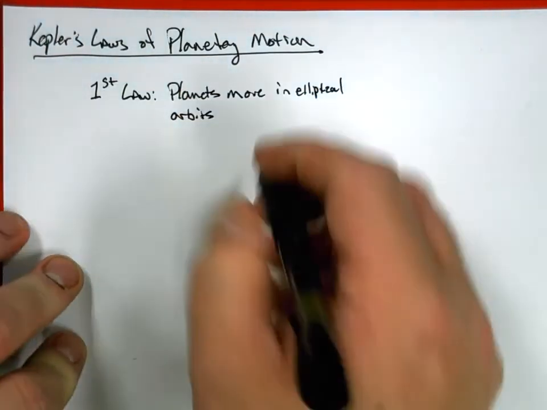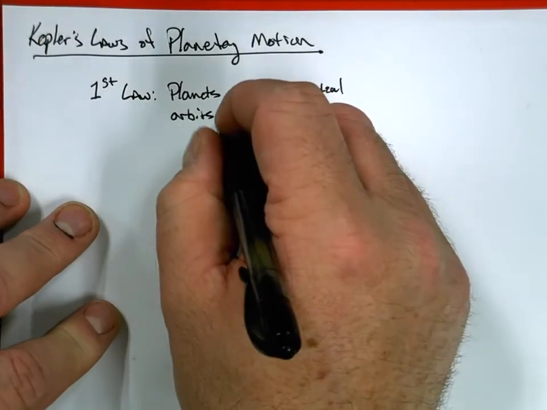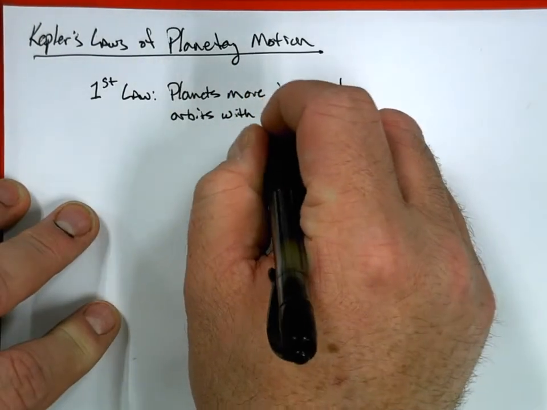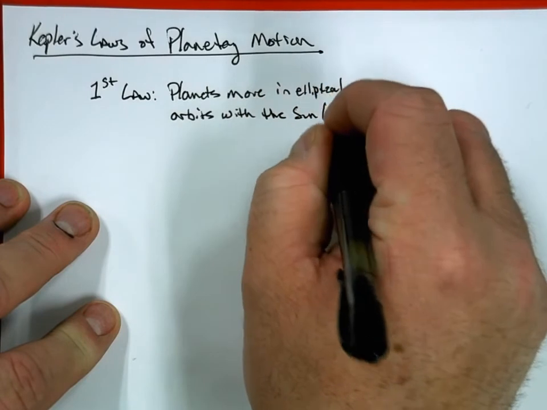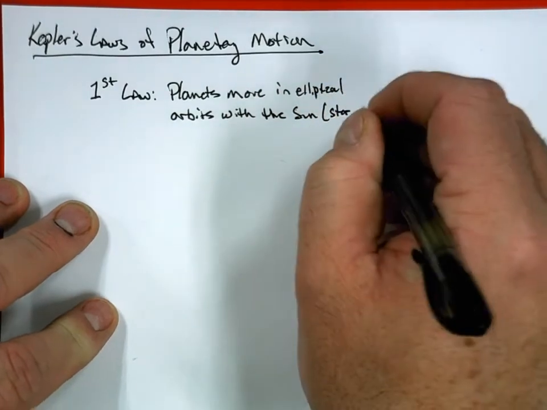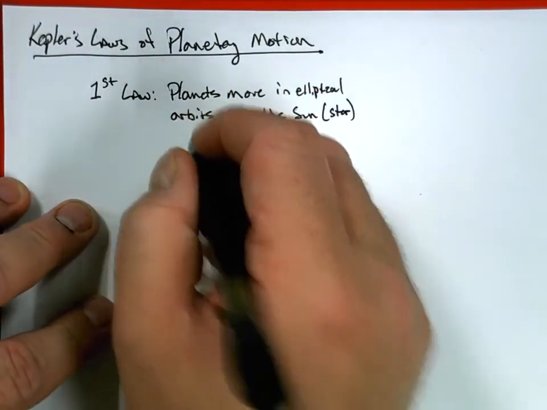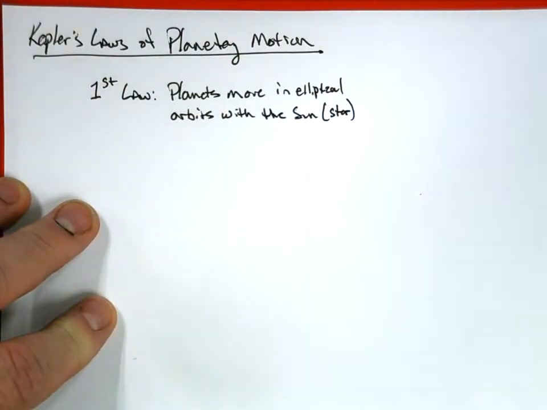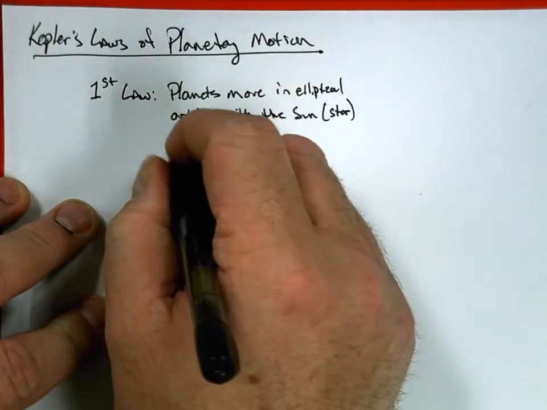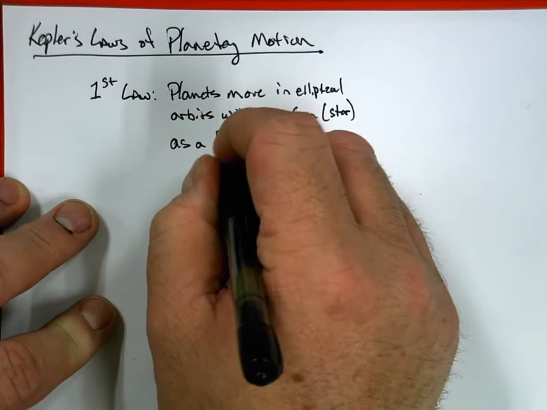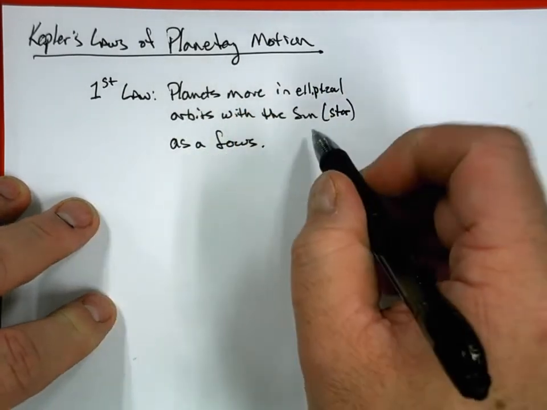Planets move in elliptical orbits with the sun or any other star as a focus. Now, we say the sun or the star.